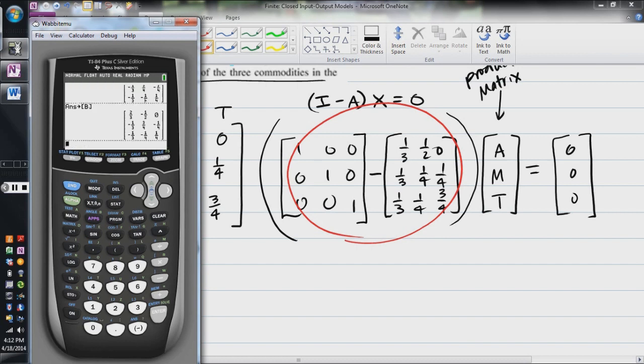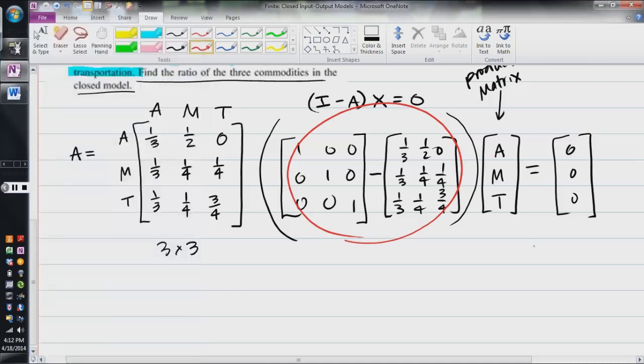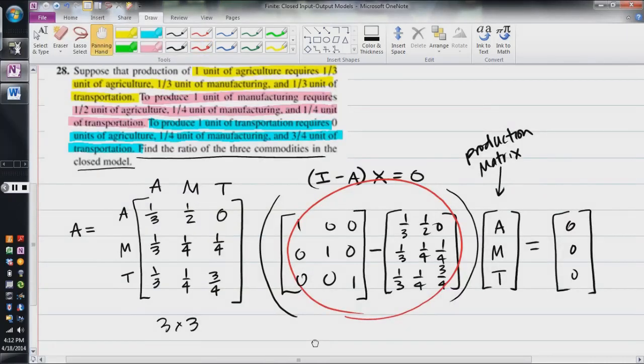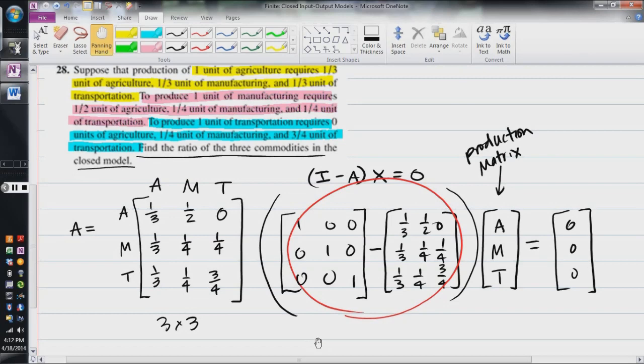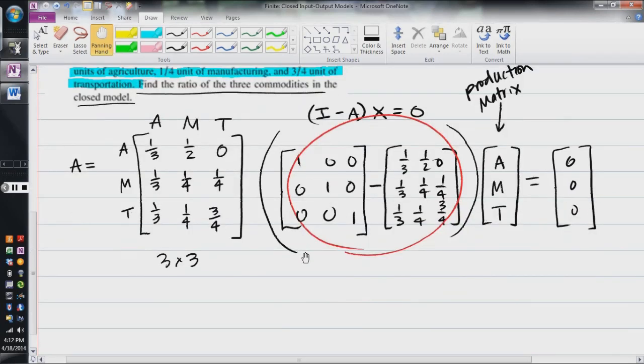Okay. So here's my new matrix B. Now if I multiply it by these three variables, the number of units of agriculture, manufacturing, and transportation, I'm going to use these for my variables.